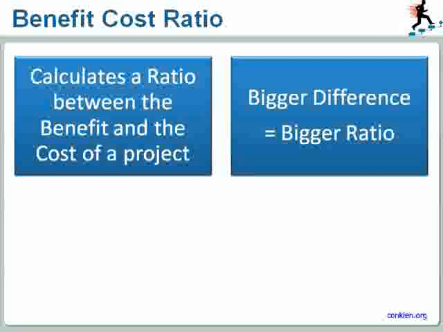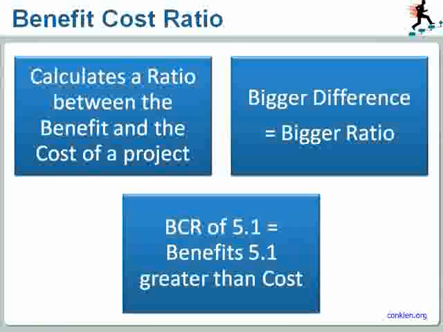For instance, a ratio of 5.1 indicates that this project is preferable over a project that only has a ratio of 3.5. But now let's turn this around and say, all right, I have a BCR of 5.1. What does that mean? Well, it means that your benefits are 5 times greater than your cost. And instead of benefit, you could also say payback. So the payback is 5.1 times greater than your cost.